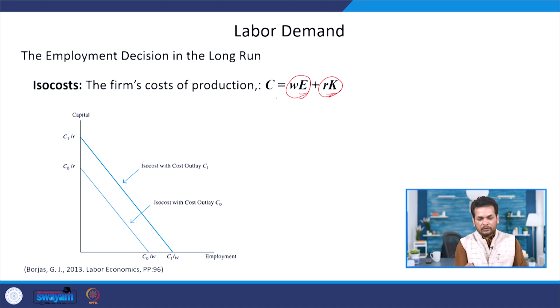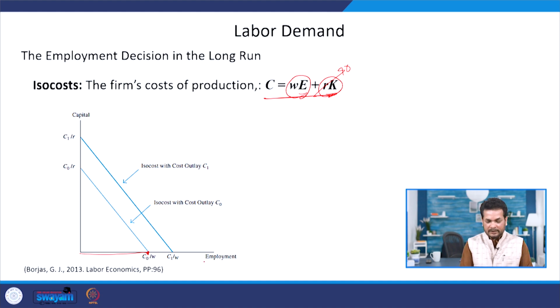This is the total cost function for a farm. If the farm has some amount of money to spend on these two factor inputs, then the farm has to choose how much labor to hire and how much capital to employ. If the farm spends this entire money on labor, making capital 0, then the farm can hire this much labor.